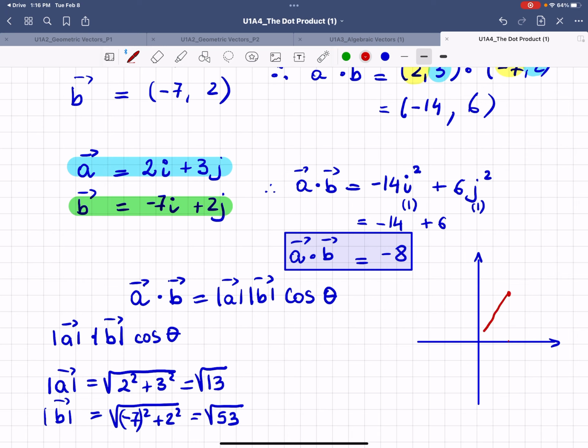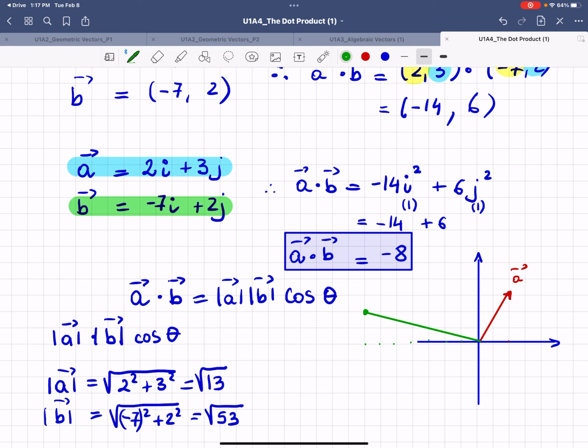So it would be this vector here. This will make a certain angle with the x-axis. Vector B, on the other hand, is -7i, so we're going 1, 2, 3, 4, 5, 6, 7, and then plus 2j, so it will be somewhere in here.